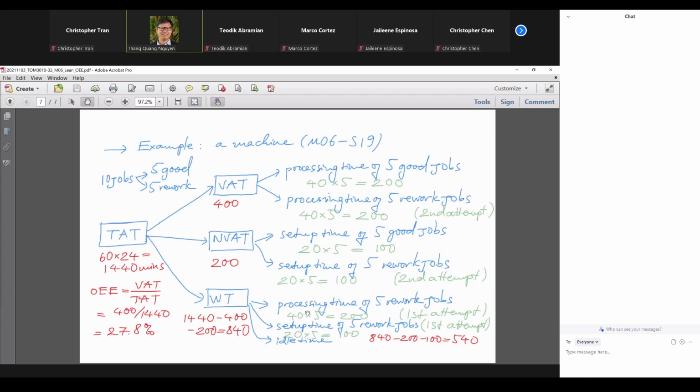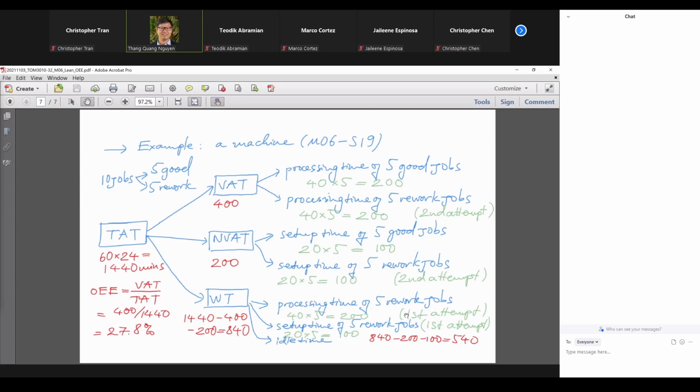Okay, so after that, now the processing time of the 5 rework jobs in the first attempt. Again, we call that a wasted work because we worked on it, but at the end, it doesn't bear the desirable outcome, right?